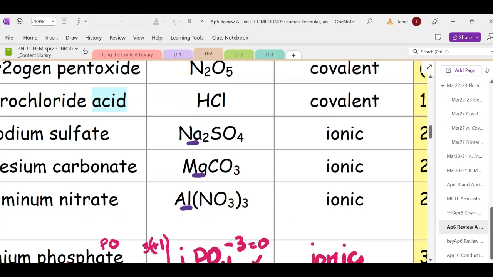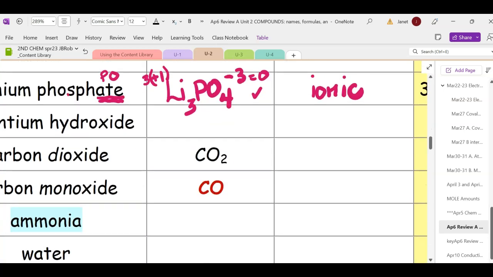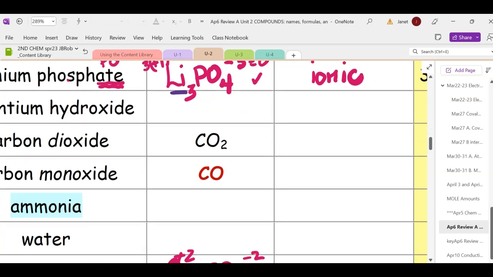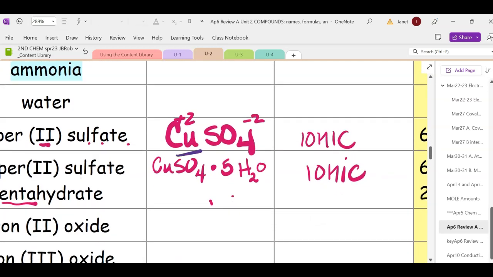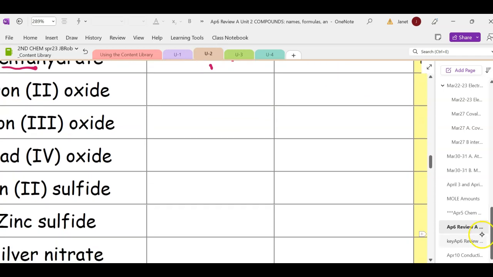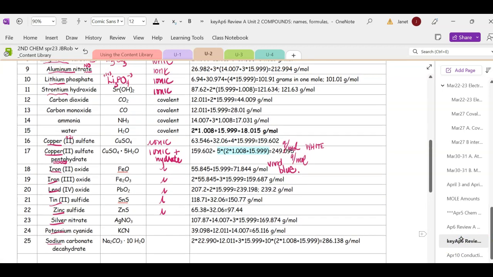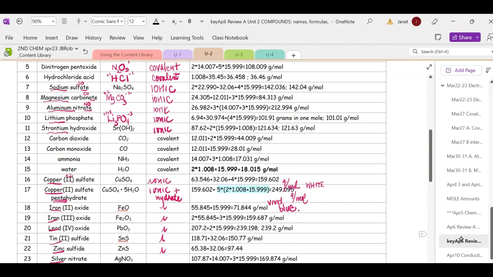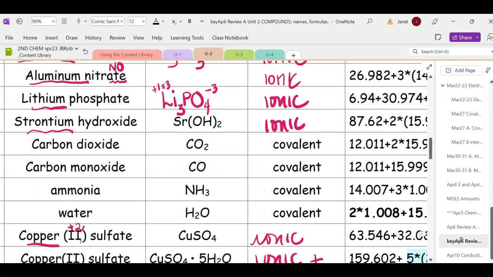So we know if they have a metal in them, the other one will be a nonmetal. Lithium is, etc. Copper is a metal, so we know all of those that have a metal in them are ionic compounds.